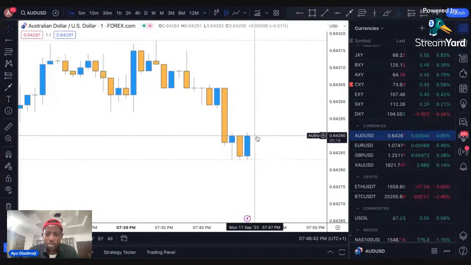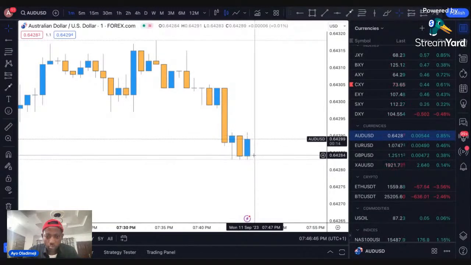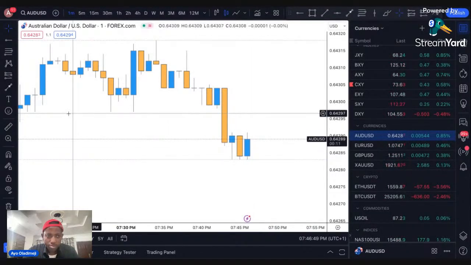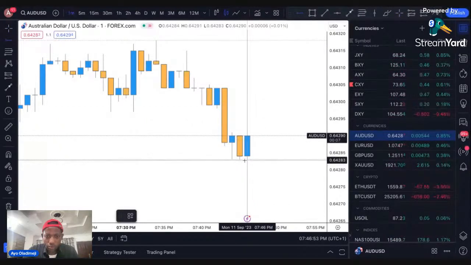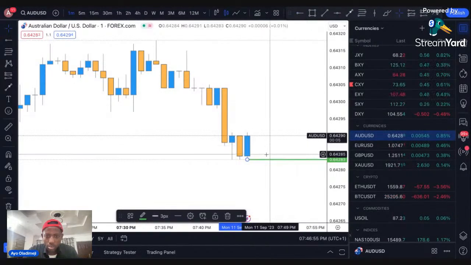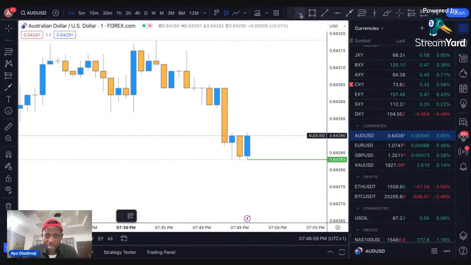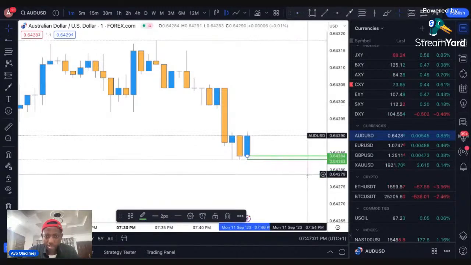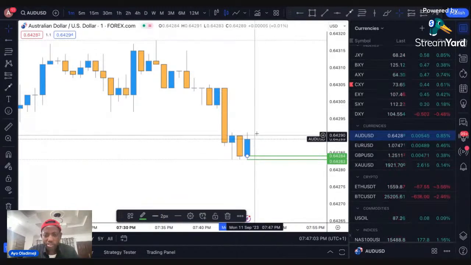We know it opened at this point and formed this low, but it is still going up and down. Is it going to close here?